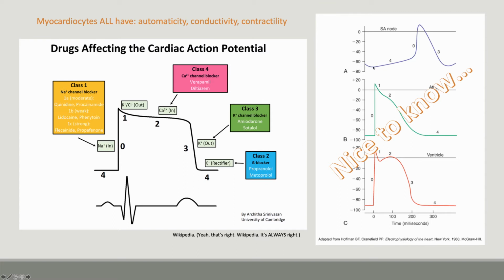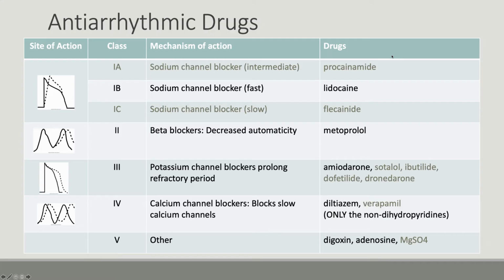But the reason that the atria work the way that they do, or the SA node works the way that it does, is because it has a different shaped action potential. And that means that it can slow down the heart rate where this is a much flatter course, or it can speed up the heart rate where this is a steeper curve. Okay. And here you can see those things reflected again.